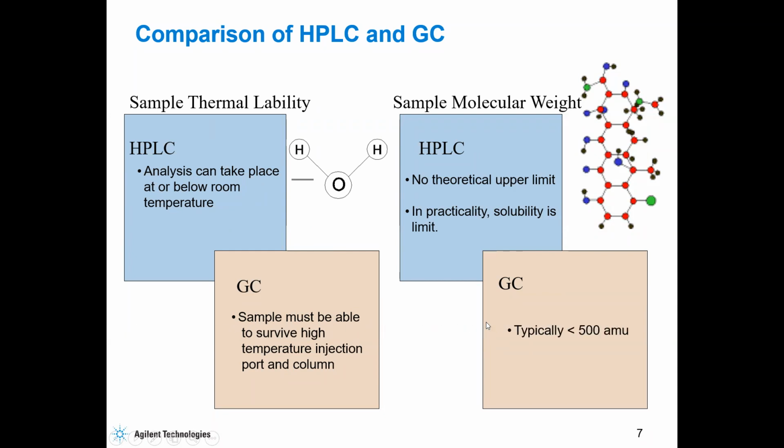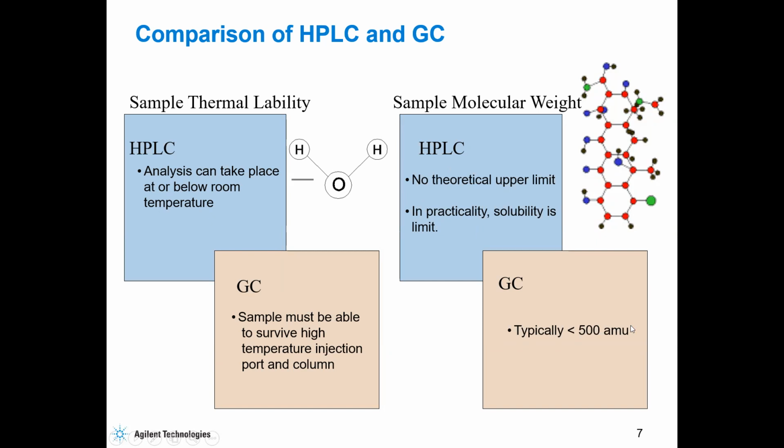Then in terms of molecular weight, there is no upper limit for the molecular mass of the sample that you analyze with HPLC. There's no size or dimension limit. The only limit for HPLC is solubility.